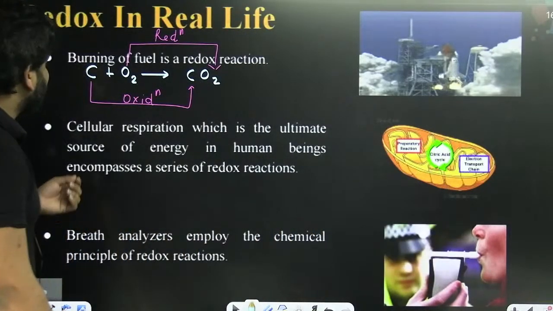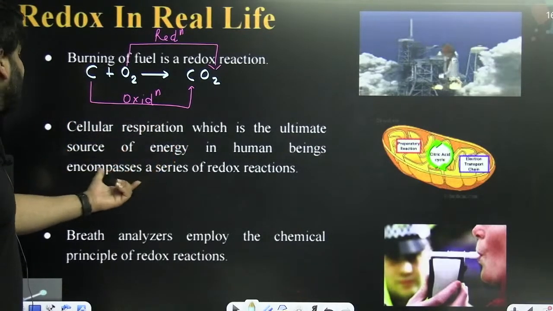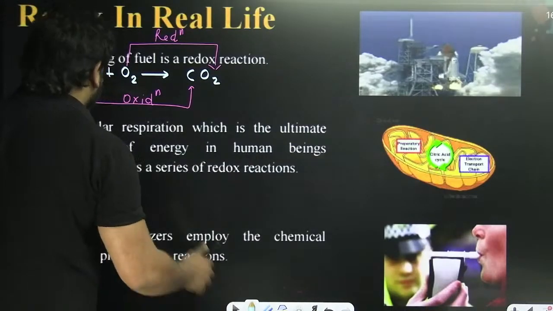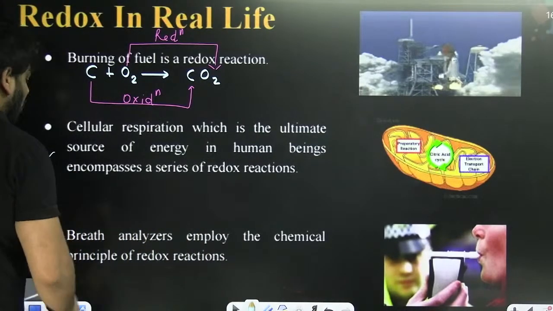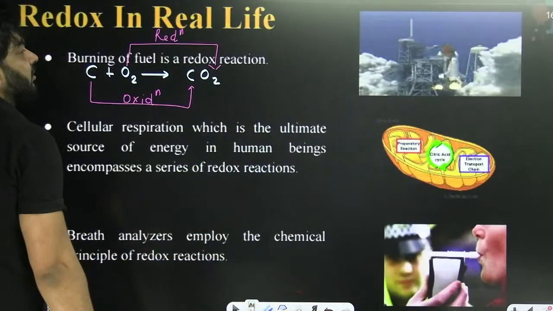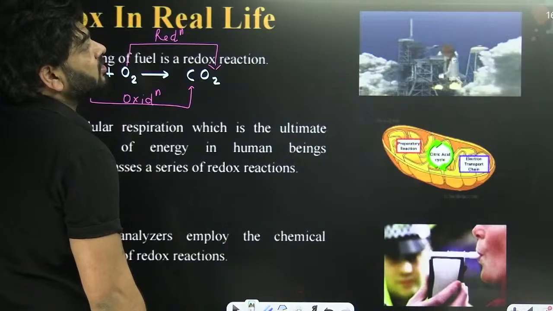There is one more example, cellular respiration, in which the ultimate source of energy in human beings encompasses a series of redox reactions. Take a beautiful example, everybody. What reaction happens in respiration?